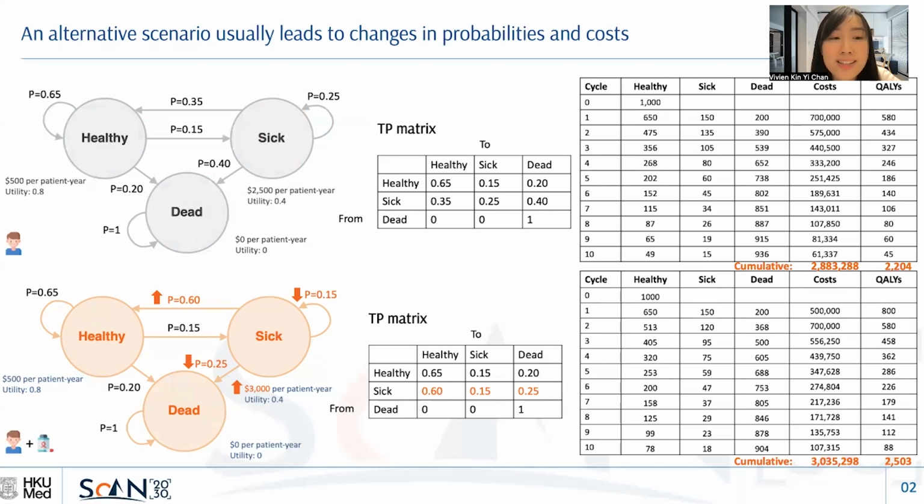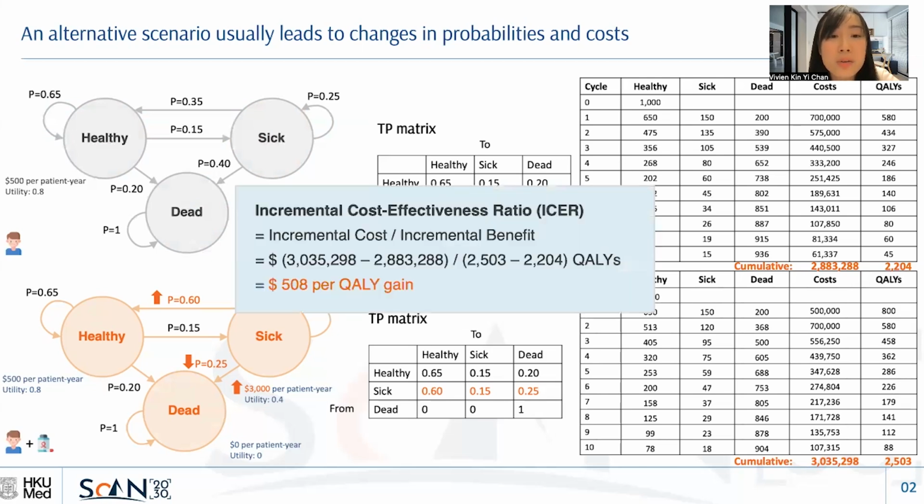Now, the big question is: is the new treatment cost effective? What does it mean? Because it gives more QALYs than the standard care, but also comes with a higher cost. What do we do now? So we can calculate a measure called the Incremental Cost-Effectiveness Ratio, or ICER, to get some hint.